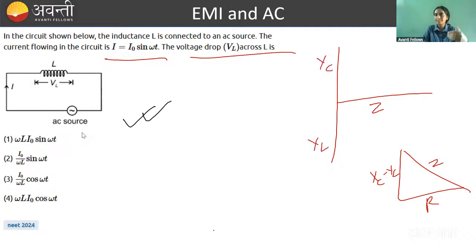That is why I wrote XC minus XL. Sorry, this is R. Done it. If this is the line of voltage, then current for the case of inductor will be what? Wait, the diagram is getting difficult. No.